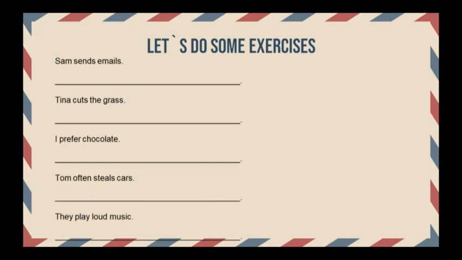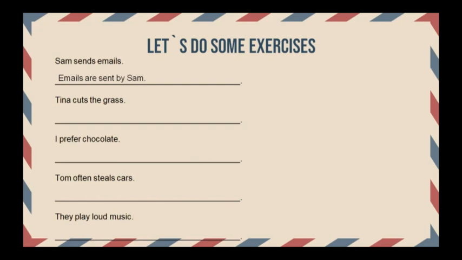Sam is the subject, sends is verb, present simple, and emails, that is an object. Great, well done. So the passive will be emails are sent by Sam. Okay, well done.